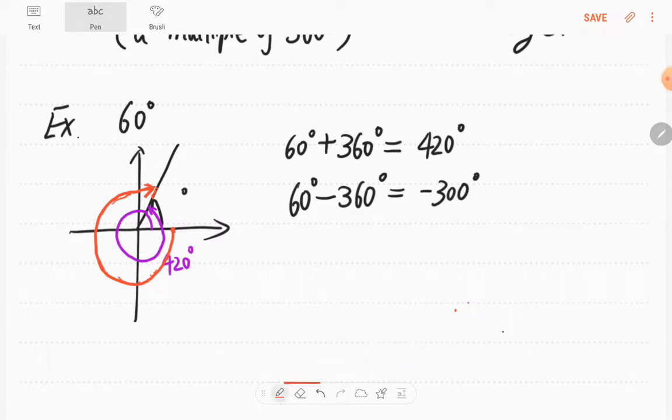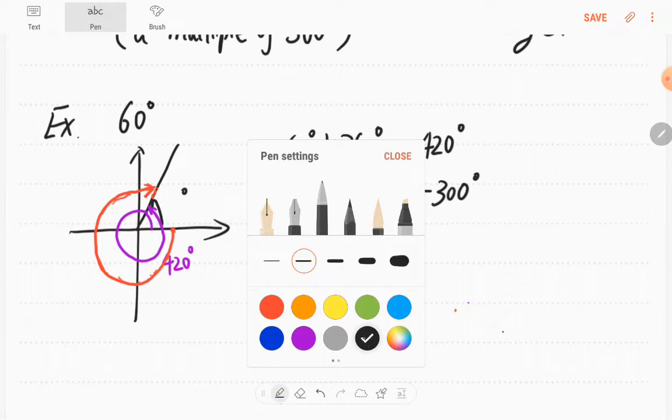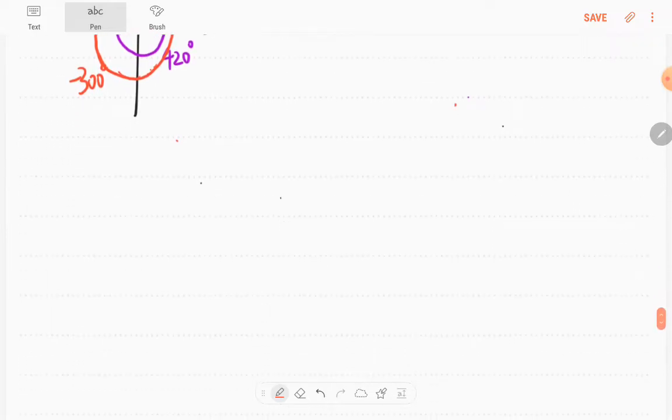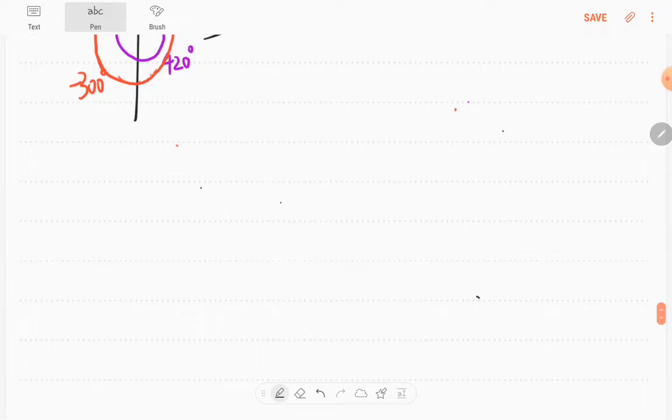Okay, so this is the 60 degree, and this red part is actually negative 300 degree. Okay, if you have another example, if you have negative 40 degree. Negative 40 degree is here.